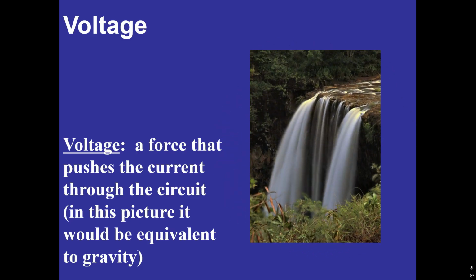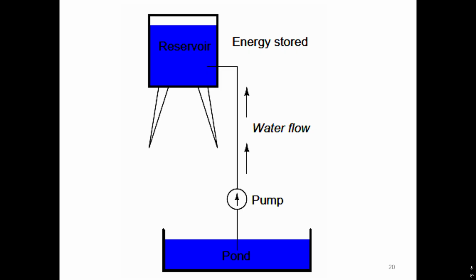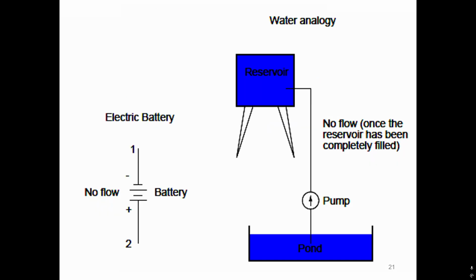It is like the flow of water from a higher potential, or higher pressure region, to a lower pressure region. Say for example, we have a pond and a reservoir, and a pump sucks the water and fills the reservoir. So the energy gets stored in this case.